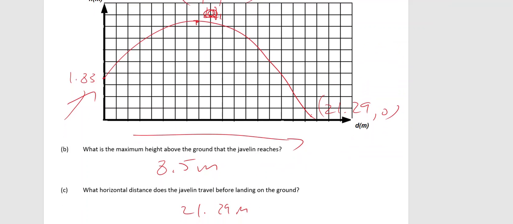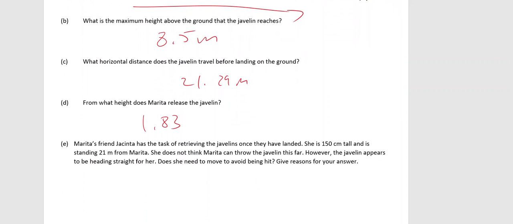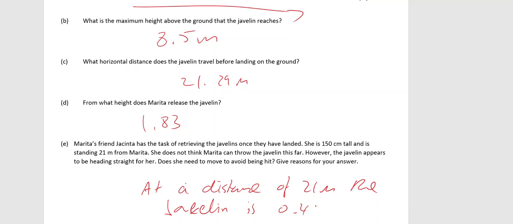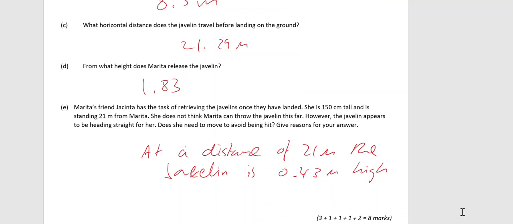So at a distance of 21 meters, the javelin is 0.43 meters high. So she does need to move. She does need to move to avoid the javelin.